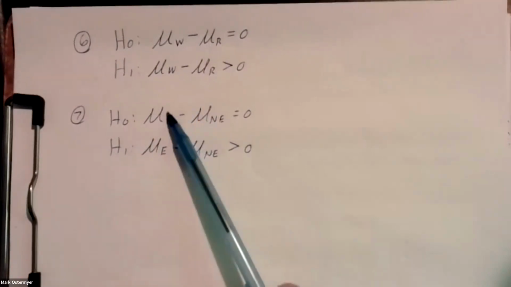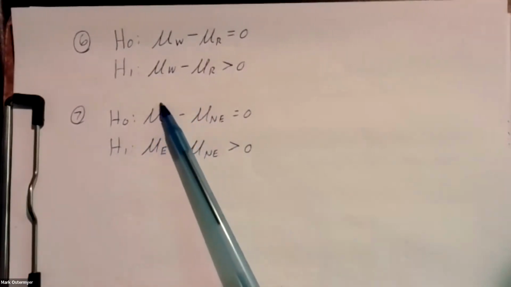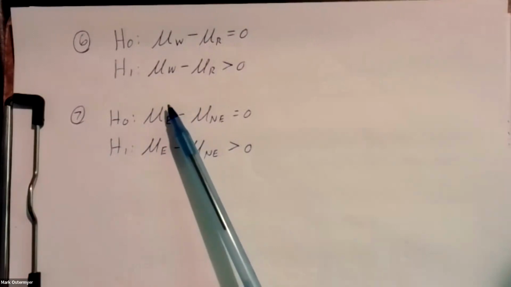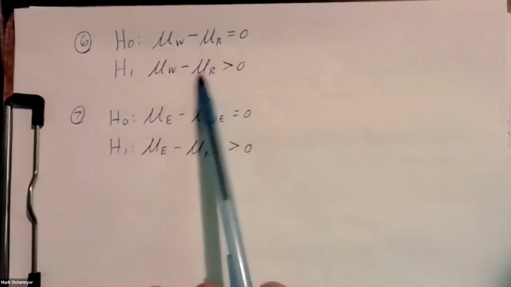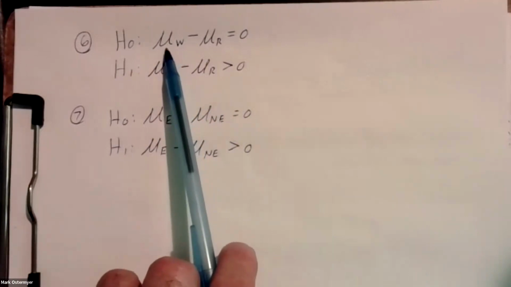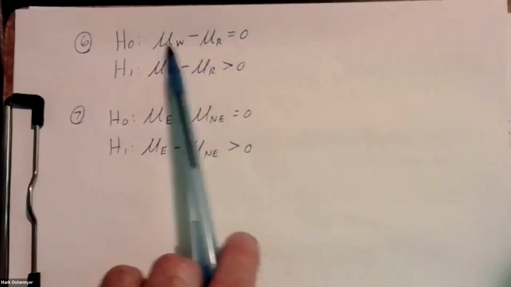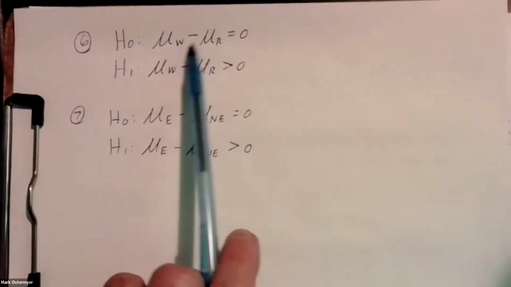All right, for number 6, these would be the hypotheses that we would want to be testing. A nutritionist believes that the mean fiber content of wheat type cereals is higher than the mean fiber content of rice type cereals. So this would be an upper tail test where we would look at the difference between the mean fiber contents of these two different types of cereals, wheat versus rice.